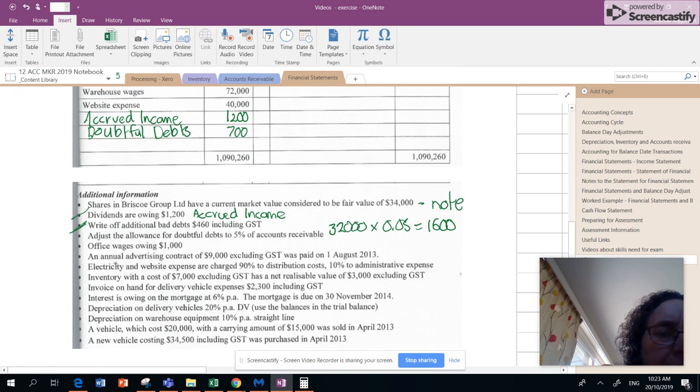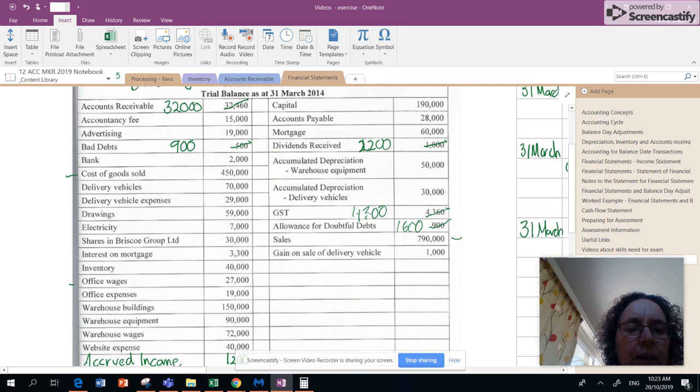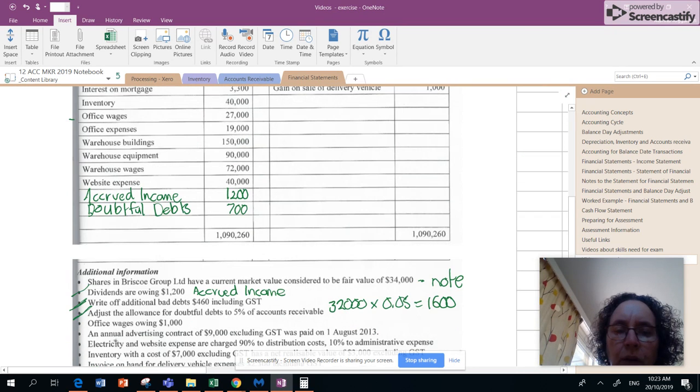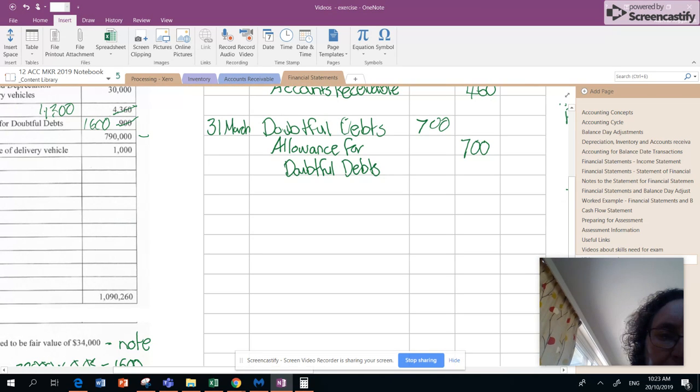Right. Next one, office wages owing. So our office wages, find that, here it is, is an expense, and it's owing, so we know it's going to be accrued expenses. So 31 March, we need to increase our wages, and accrued expenses is a liability because we still owe it.